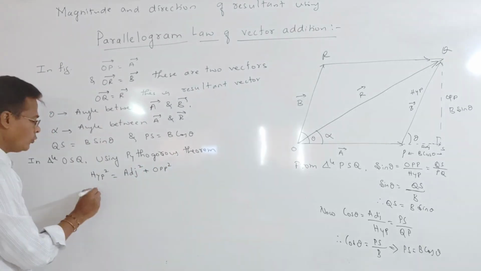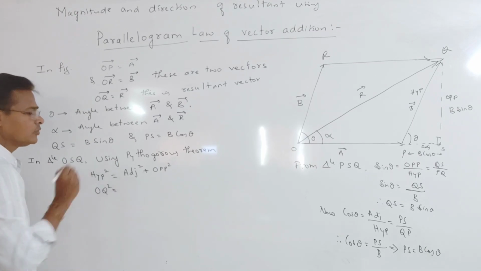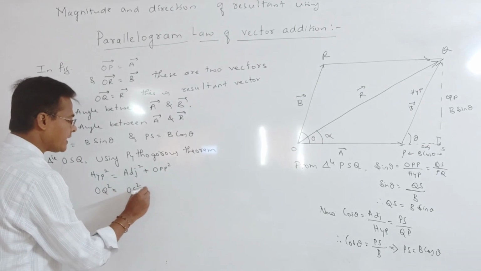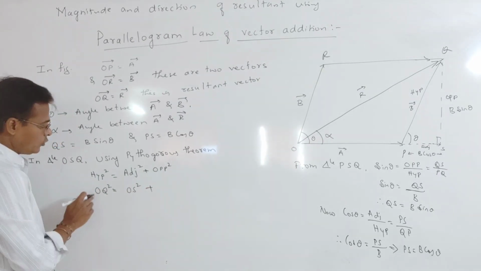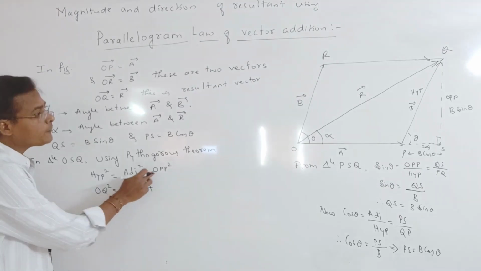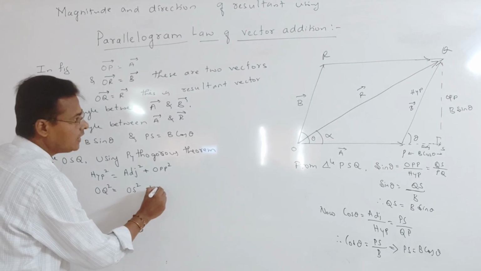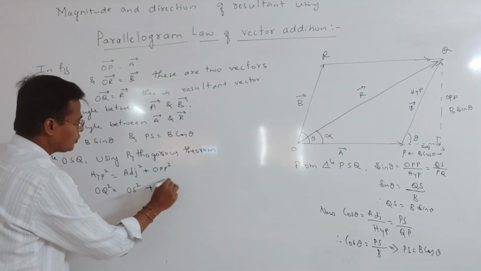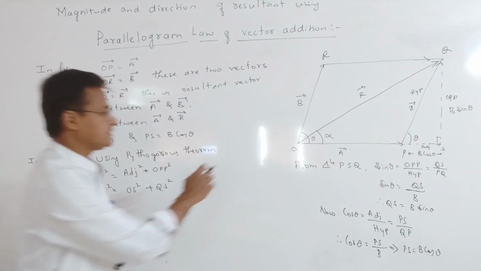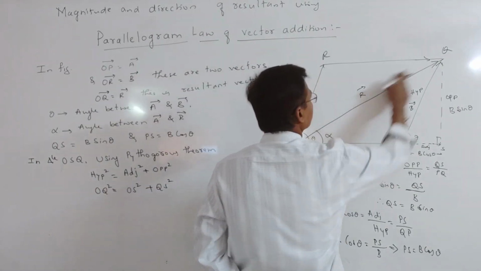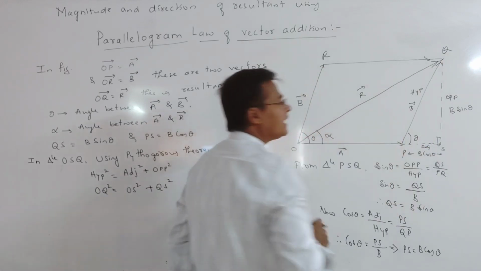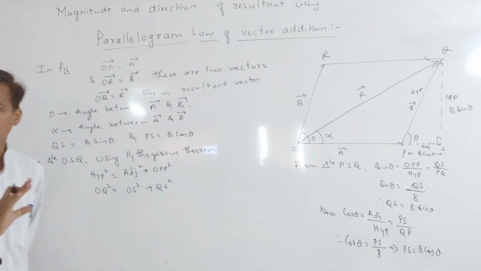Hypotenuse here is OQ square, adjacent here is OS square, and opposite square is QS square. So OQ, the hypotenuse square, equal to OS square plus QS square, that is the opposite square.